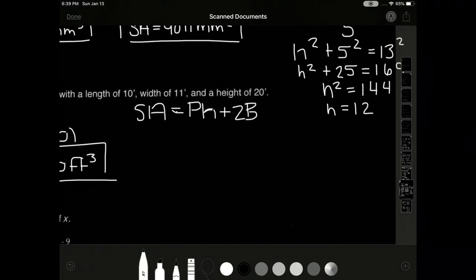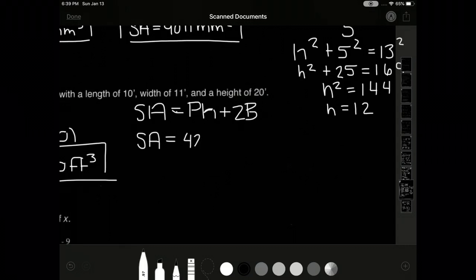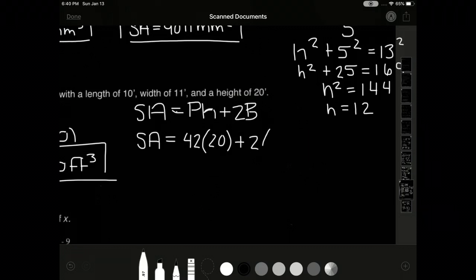And then our surface area, since we did 10 times 11 for our base area, we're going to add 10 plus 11 plus 10 plus 11. So really 21 and 21 gives us 42 times a height of 20, plus 2 times the 110 we found for the base area.